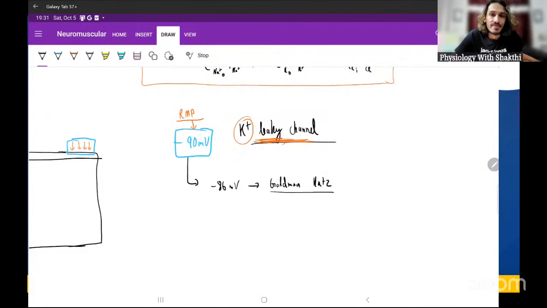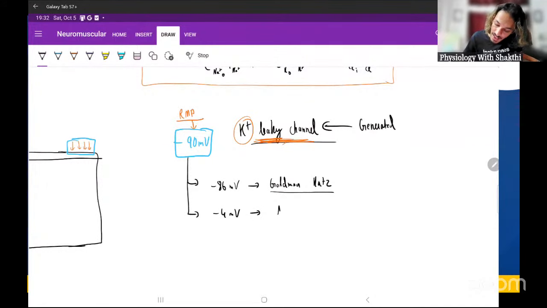How did that happen? So this is where you have to understand two things in RMP. RMP is generated by your leaky potassium channels. The remaining minus 4 millivolt is by your sodium potassium ATPase.